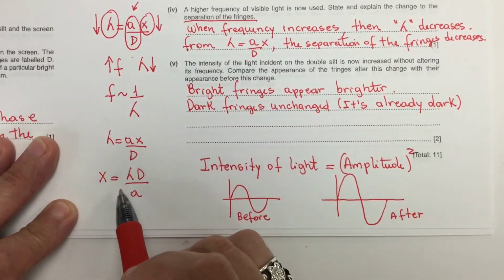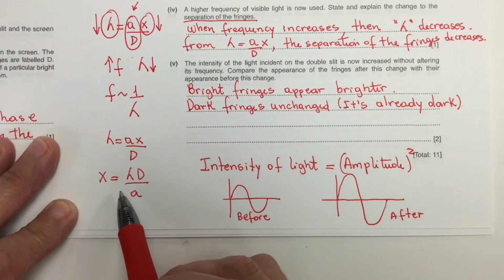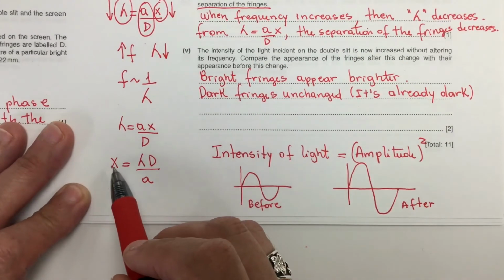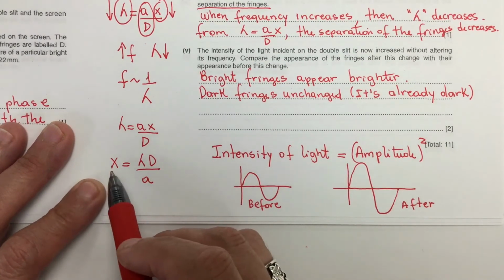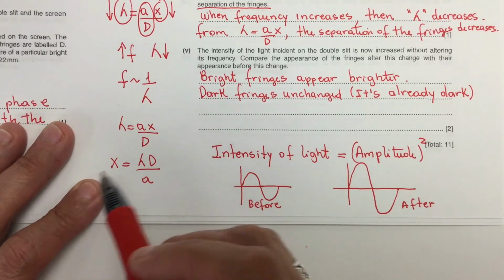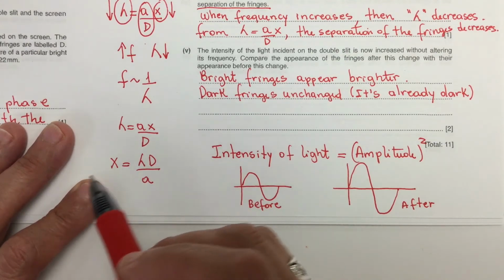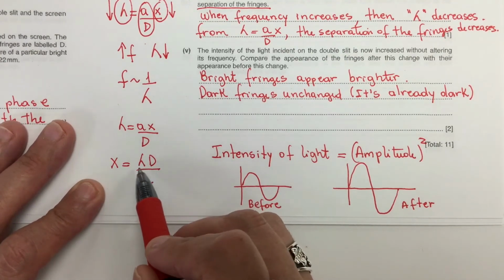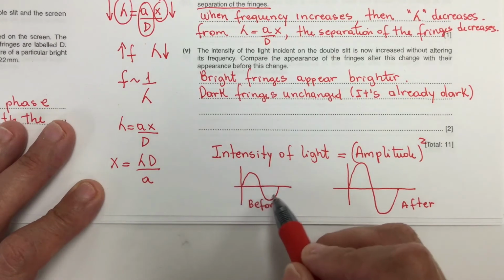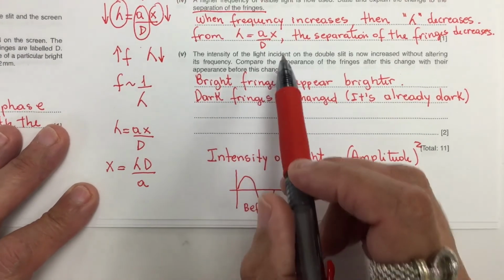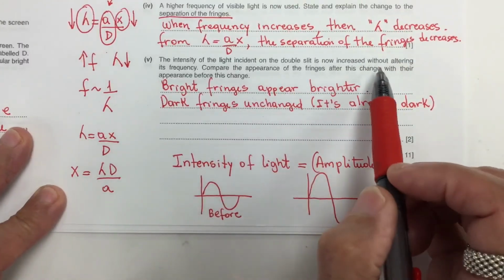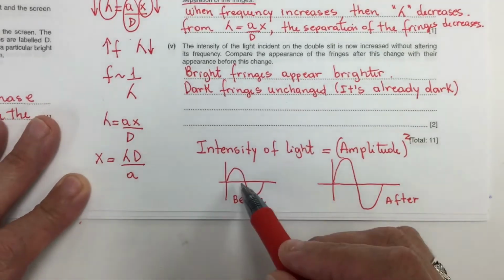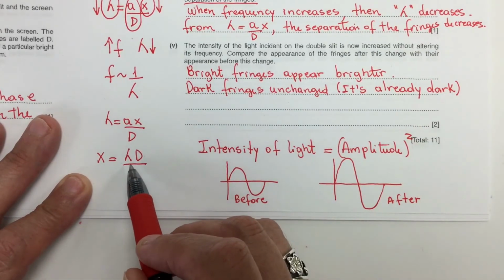The question also asks about the change in the fringes. Now, x is the distance between two consecutive bright fringes or two consecutive dark fringes, and it depends on the wavelength, which didn't change because the frequency is the same. We say here without changing the frequency. So the wavelength is the same.